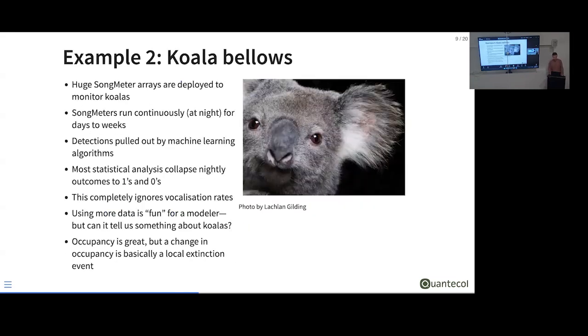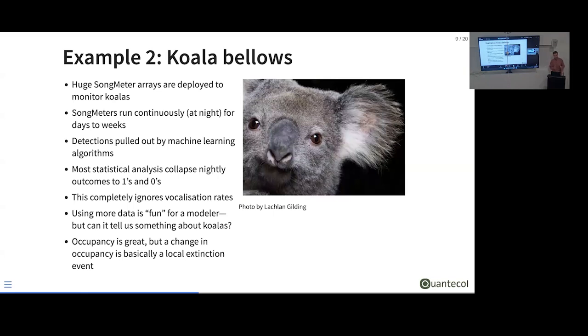So the next example I wanted to discuss was related to koalas and their bellows. At the moment, a very popular monitoring approach for koalas is through song meter arrays. They're really good because they're super cheap, and you can cover a big amount of area for a pretty low cost.